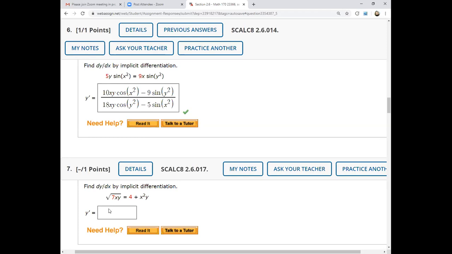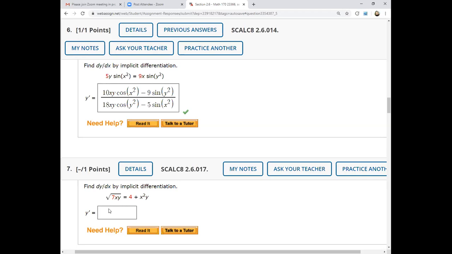So on the left I'm going to have 7x times 7xy to the negative half dy dx, which is already there, minus 2x squared dy dx equals 4xy minus 7y times 7xy to the negative half. And then dy dx.